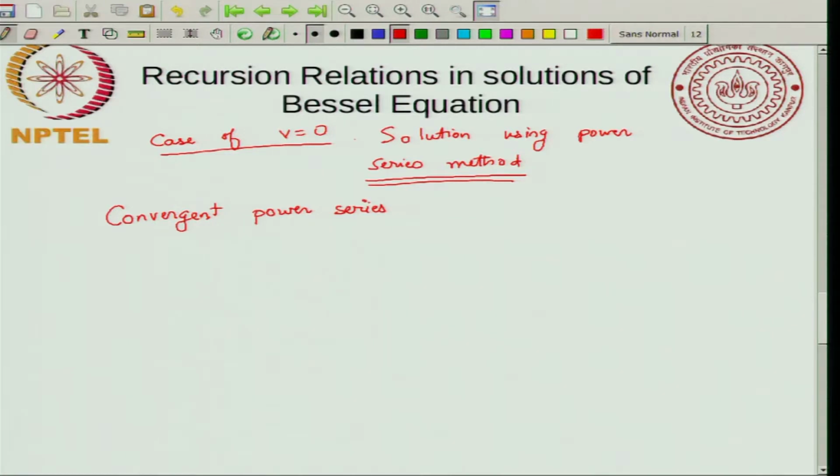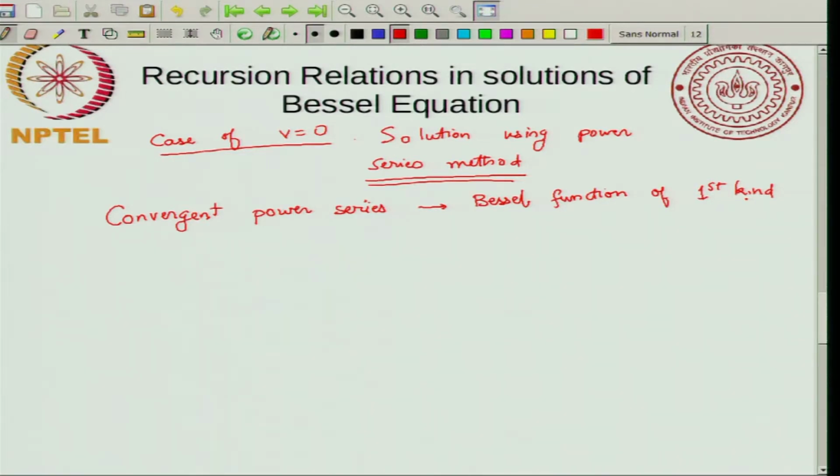I'll explain briefly what a convergent power series is. It is referred to as the Bessel function. So this convergent power series is referred to as the Bessel function of first kind. There are various kinds of Bessel functions; this is called the Bessel function of first kind, and we popularly refer to this as the Bessel function.